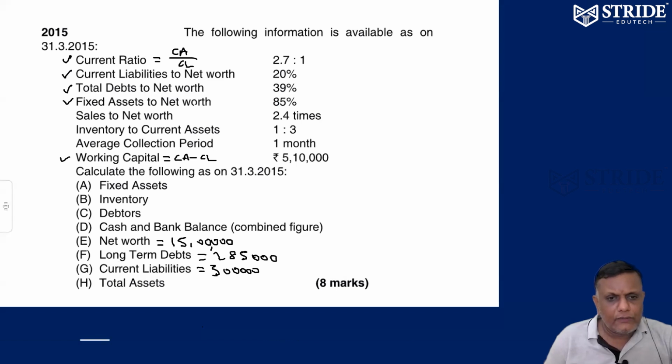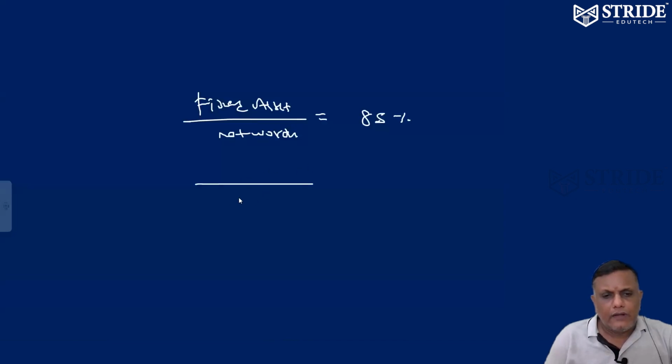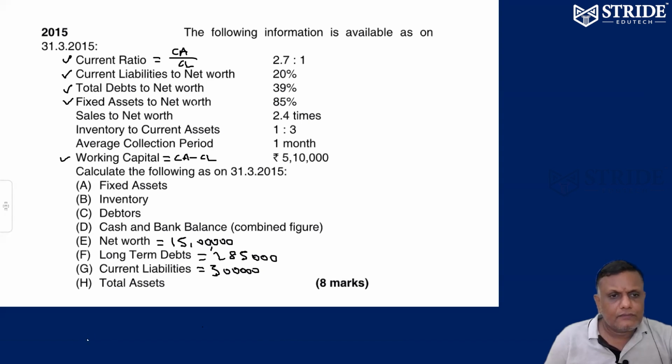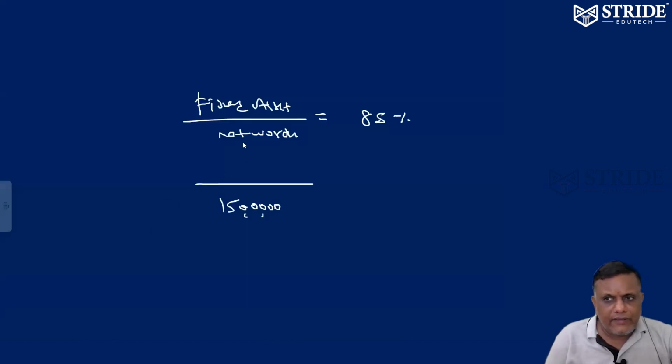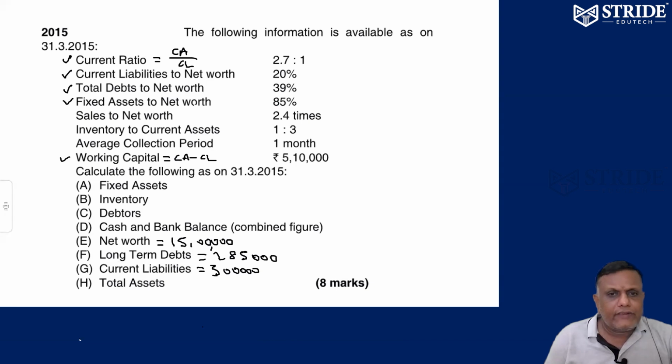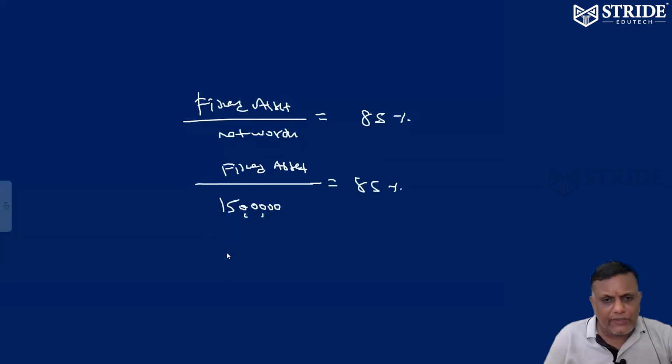What is net worth? 15 lakhs. So fixed asset is missing. Fixed asset by net worth is 85%. Can you cross multiply?